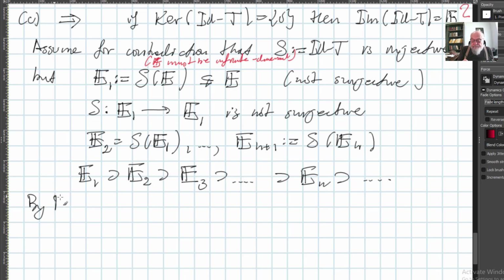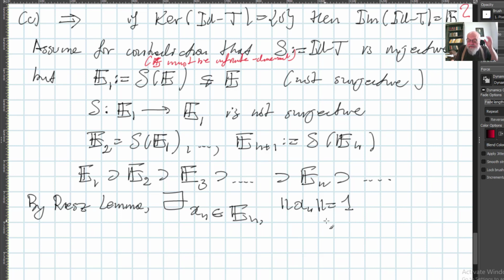Okay, so in such a case, by Riesz Lemma, there exists a sequence xn such that xn belongs to En, the norm of xn is equal to 1, and we can also choose that the distance between xn and E(n+1), the smaller one, is always larger than 1/2.